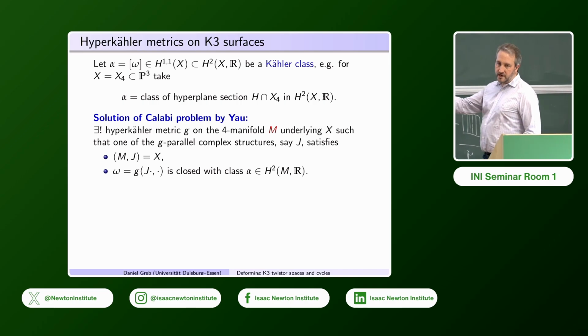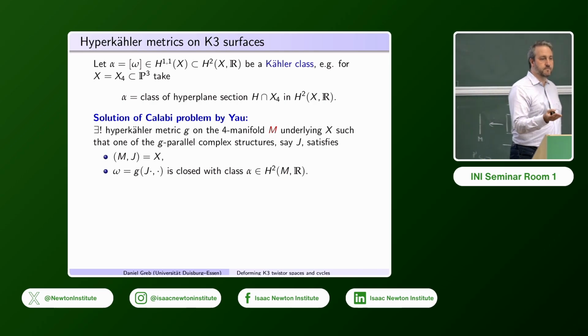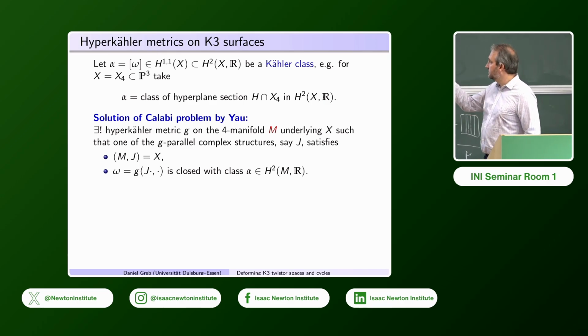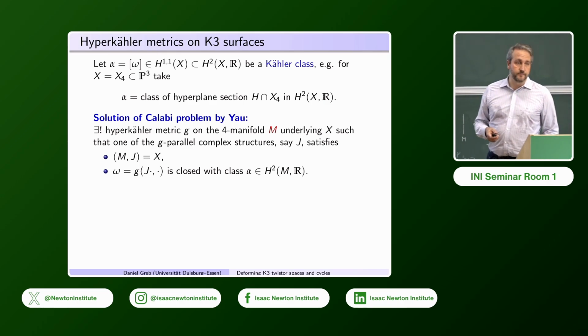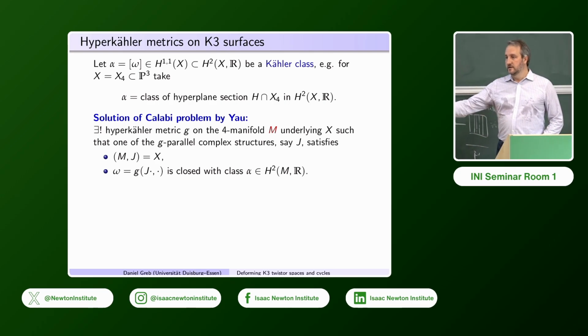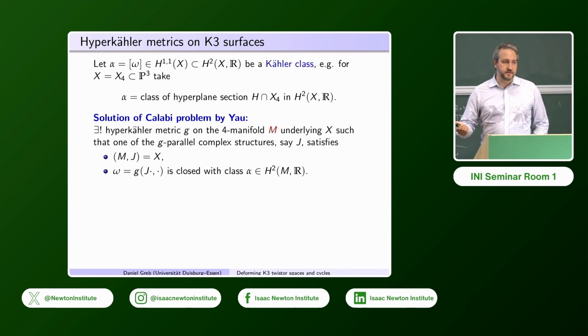And the two-form associated to your metric is closed, and it has the cohomology class you started with. So you can fix the cohomology class, and you can produce a unique hyperkähler metric in that class, and that's a perfect representative of the class.